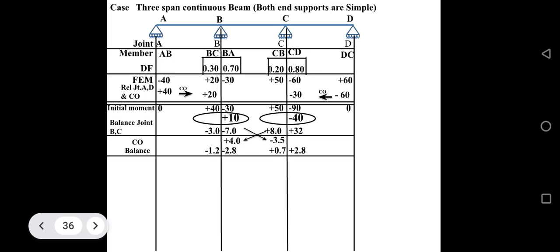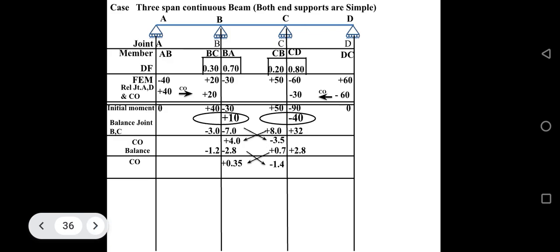Now remember, carryover from B to A or C to D is not possible, but carryover is possible from C to B or B to C, half moment with the same sign. Now again, due to this carryover, joints B and C become unbalanced, and the unbalanced moments are the carryover moments 0.35 and 1.4.